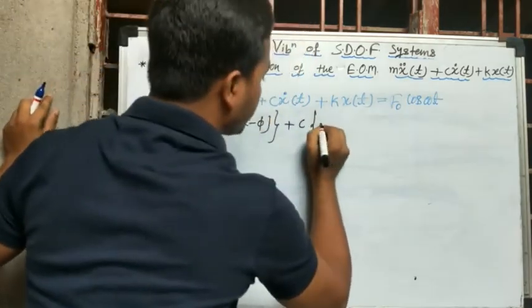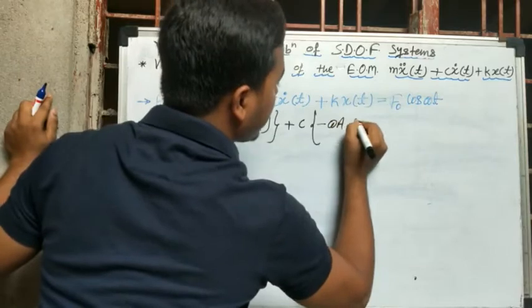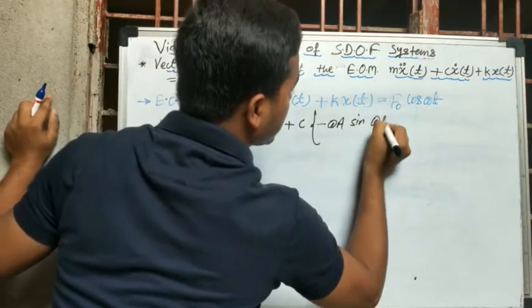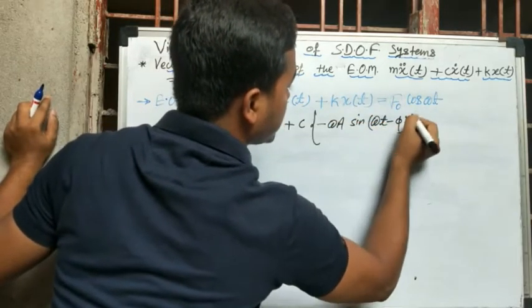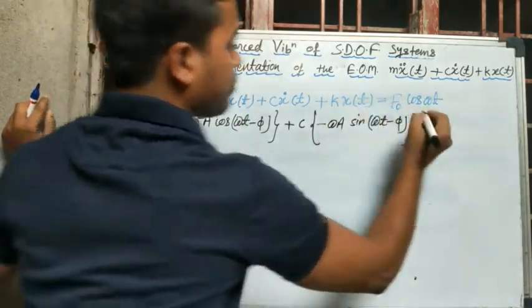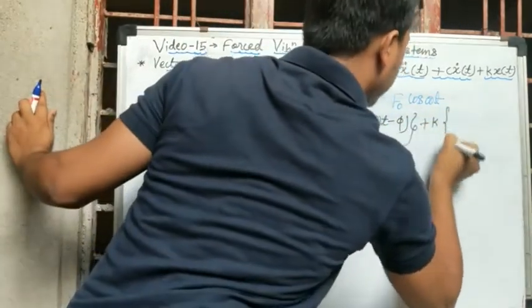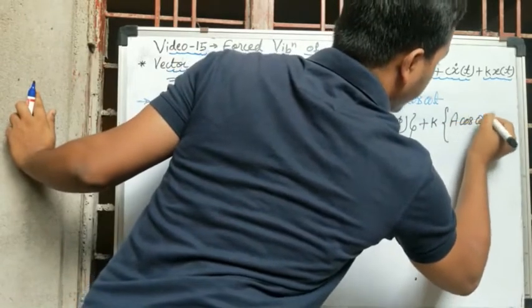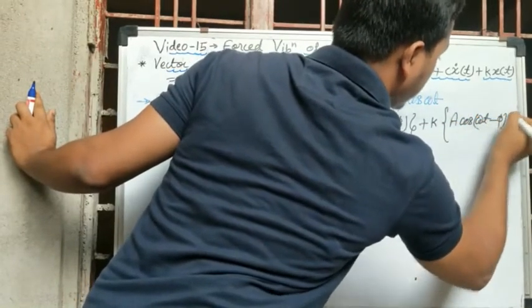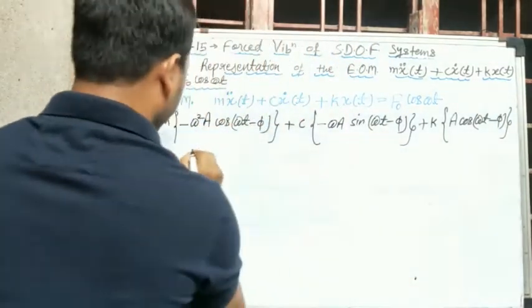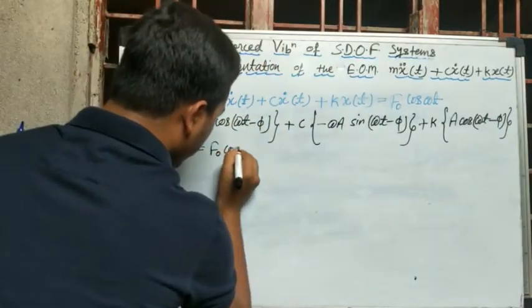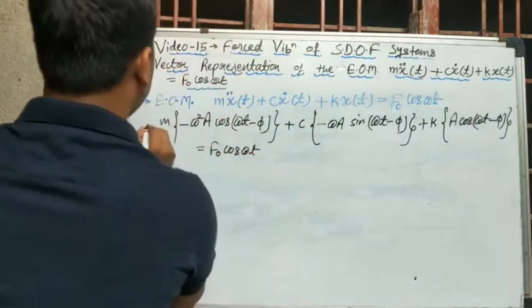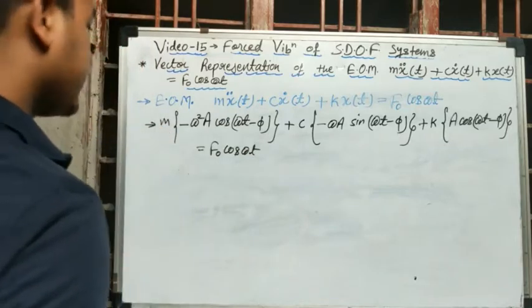The formula for x dot was minus omega a sine omega t minus phi. Now what is the formula for x? The formula for x is a cos omega t minus phi equals f naught cos omega t, right?